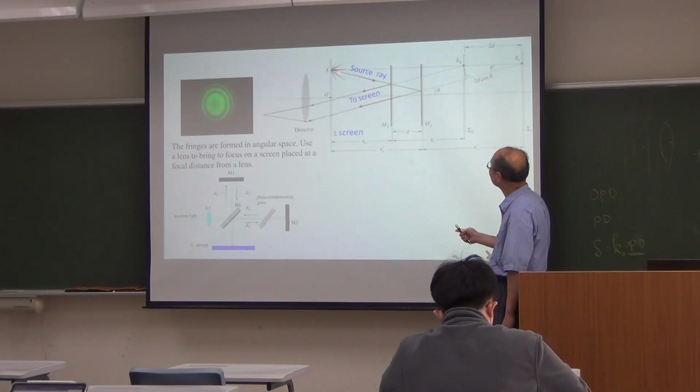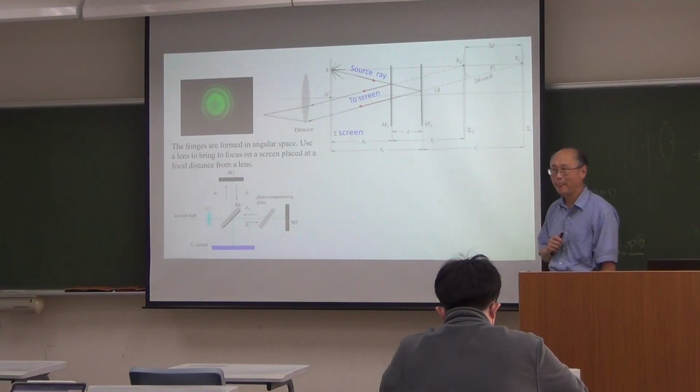And then this light ray is split into the second pass to hit M1 right here, going up, and then come back to this screen. So this continue to this point and come back to this screen. But then you use the lens to focus it to the screen to see it. Okay.